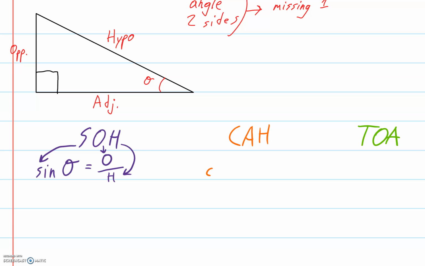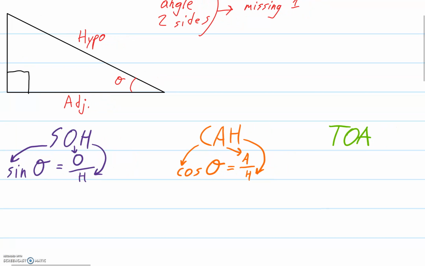So for CAH, it's cos of the angle equals adjacent over hypotenuse. And last but not least, TOA, which is tan of the angle equals opposite over adjacent.